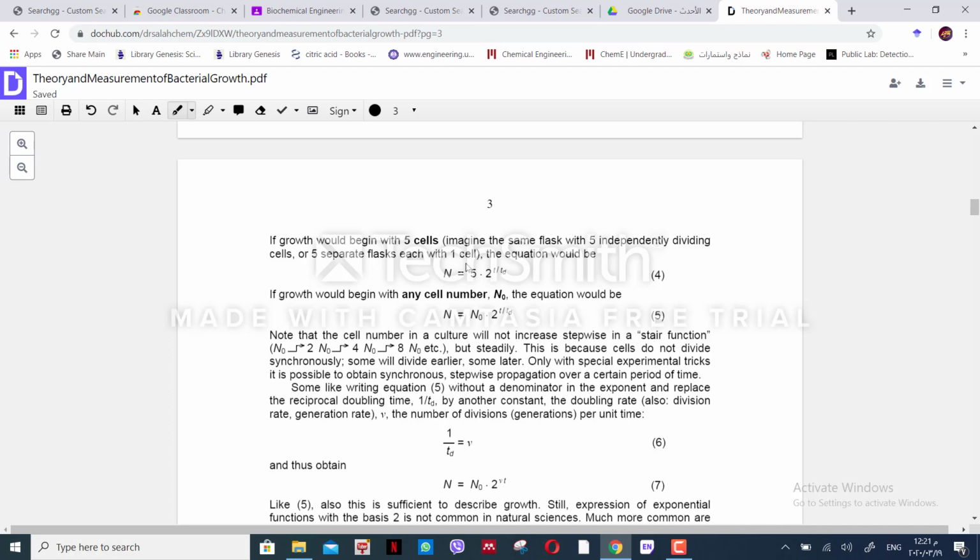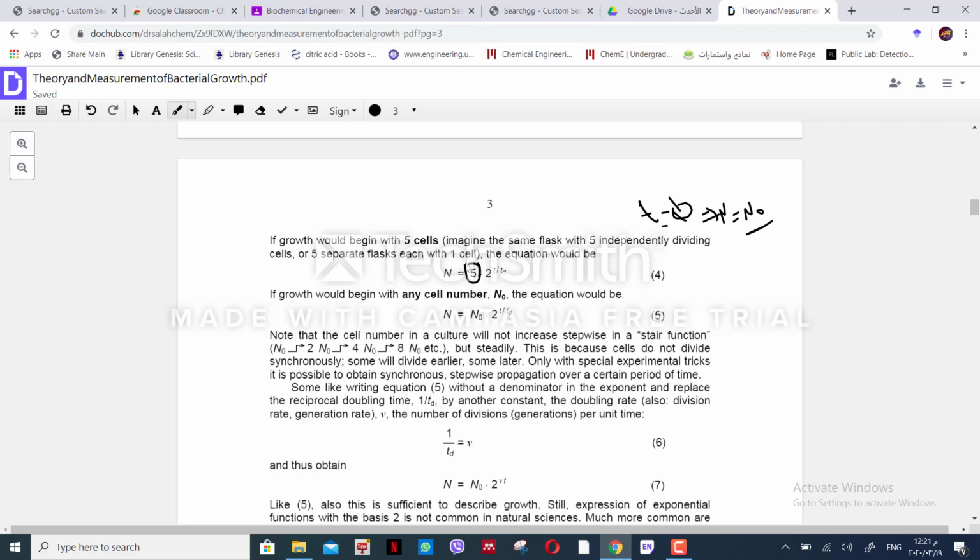And this 5 is the initial condition at time 0, at t equals 0, N equals N naught initially, and this is denoted by the number 5 here. So N equals N naught multiplied by 2 to the power t over td.